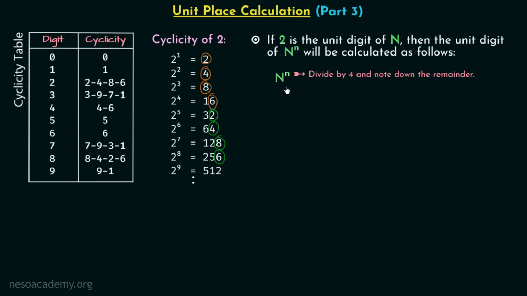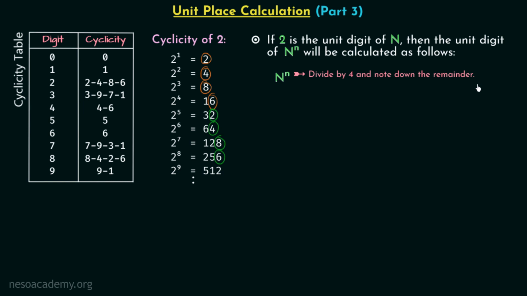For this, step number 1 is to take the power small n and divide it by 4, because 4 is the interval of repetition in the cyclicity of 2. After dividing by 4, we will note down the remainder of the division.